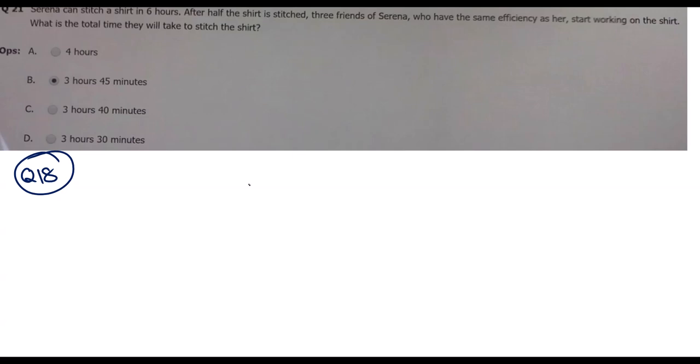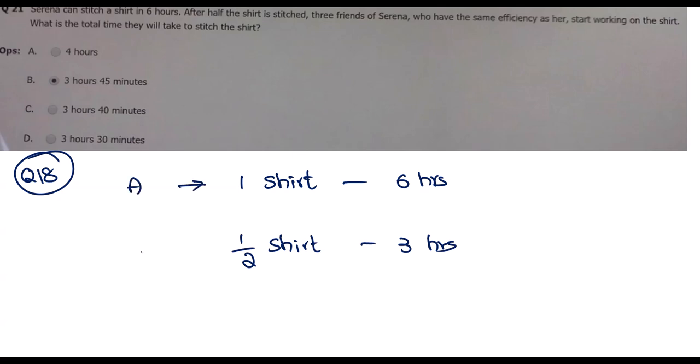One shirt takes 6 hours; to stitch half a shirt, 3 hours. Let us assume the person is A. A can stitch one shirt in 6 hours, half a shirt in 3 hours.